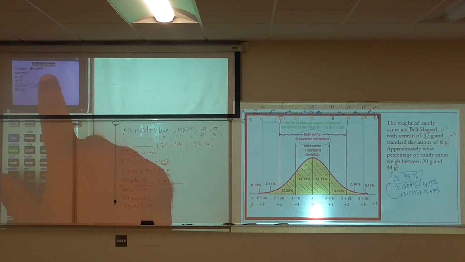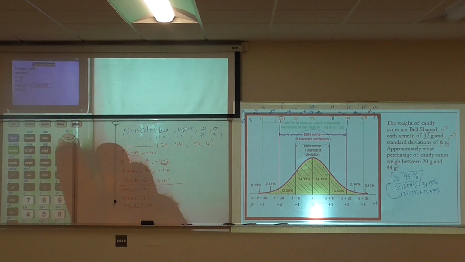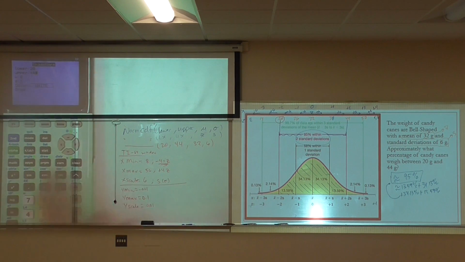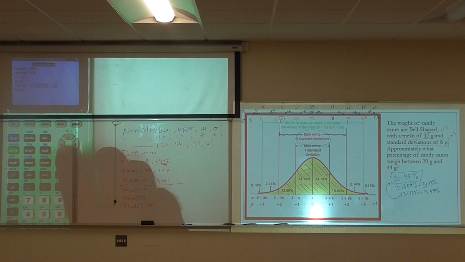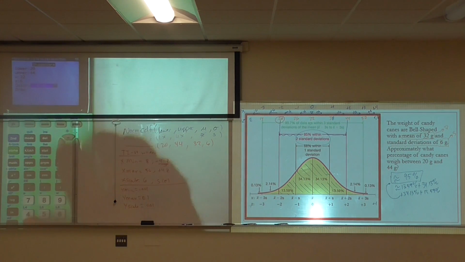What's my lower? 20. What's my upper? 44. What's my mean? 32. What's my standard deviation? 6. I have white here because I was showing my students something we don't have to do anymore, but I'll go blue. I like blue. Okay, and now I can draw.